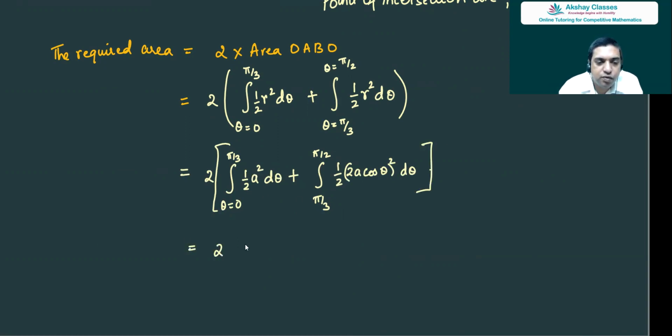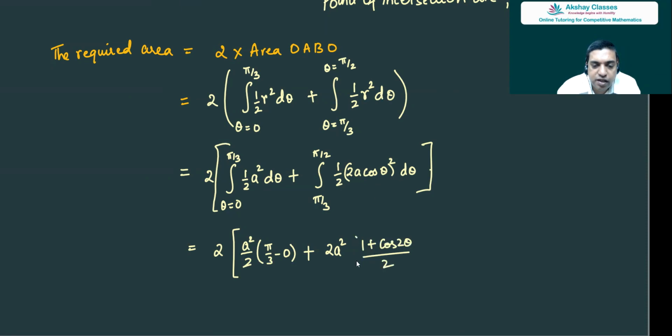So this is twice of a square by 2 times pi by 3 minus 0, plus 2a square and integral cos square theta. Of course, we'll have to do 1 plus cos 2 theta upon 2, integral pi by 3 to pi by 2.